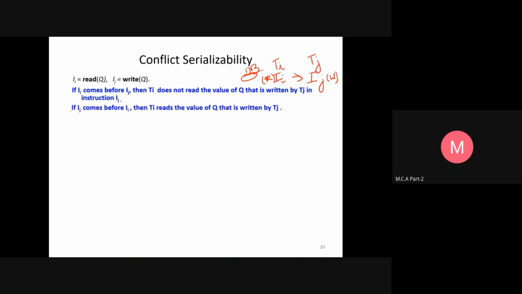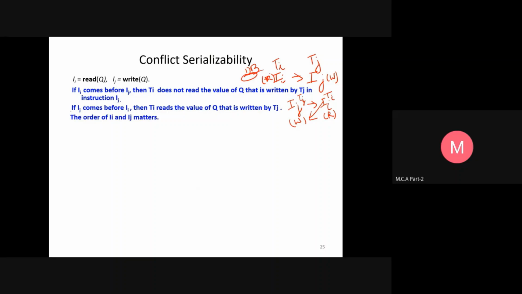If Ij comes before Ii, so we're looking at the next case. Ij is from transaction Tj and Ii is from transaction Ti. Then since Ii is doing a read and Ij is doing a write, transaction Ti is basically reading the value that was written by Tj.